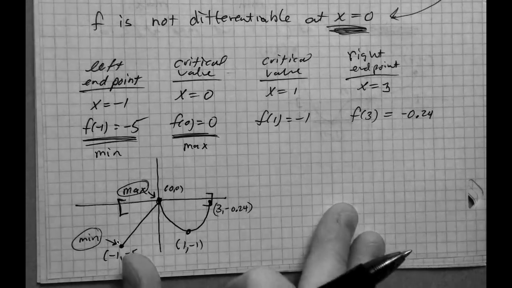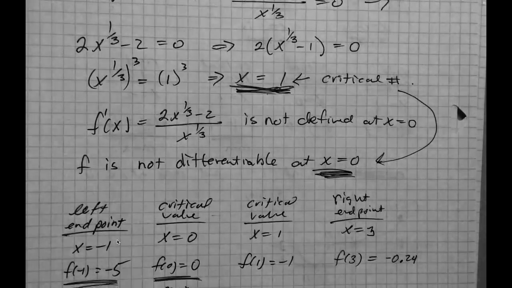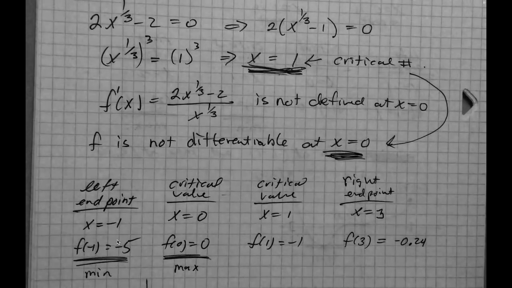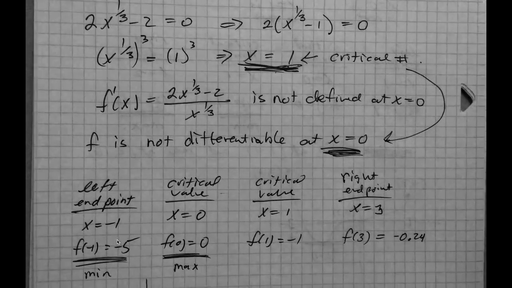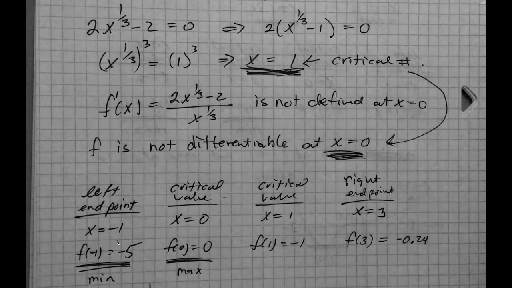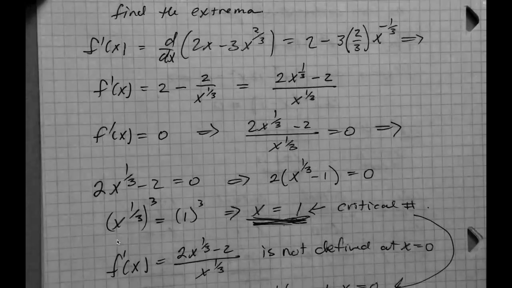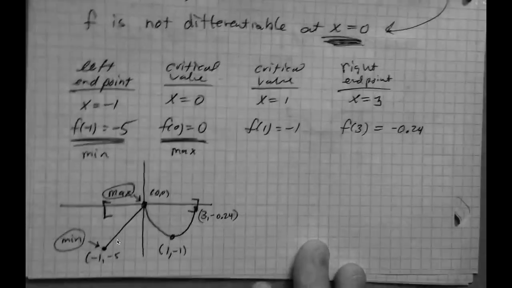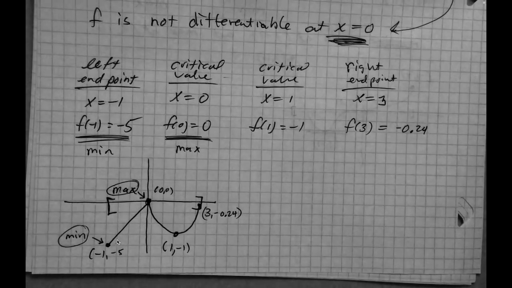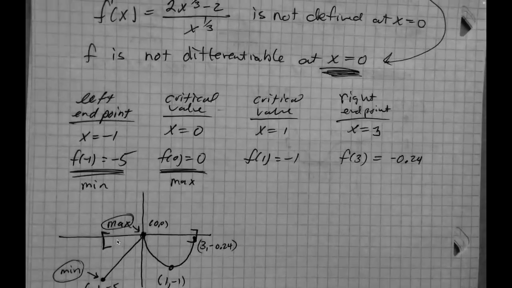So yeah, it's good to reflect on the fact that we found these points without graphing anything, without having to plot anything, or without any of the usual things that you would want to do to find minimums and maximums. Right, so all we did was evaluate the derivative, also look for non-differentiable points, and then evaluated the endpoints. And from that, we were able to determine the mins and the max really quickly.